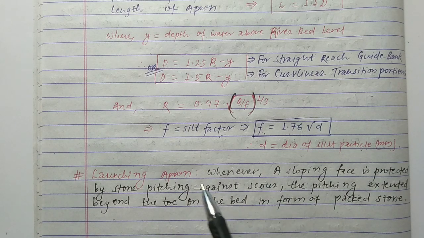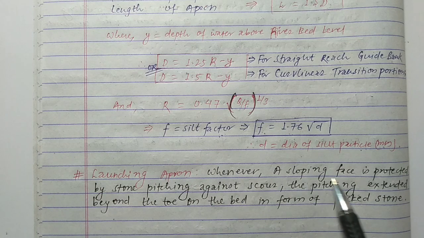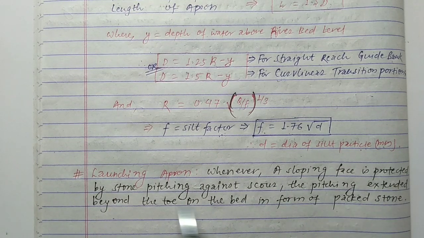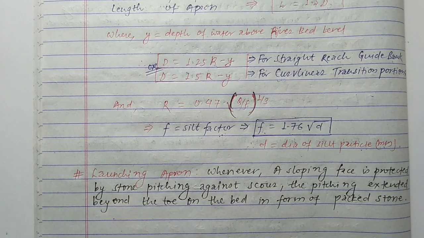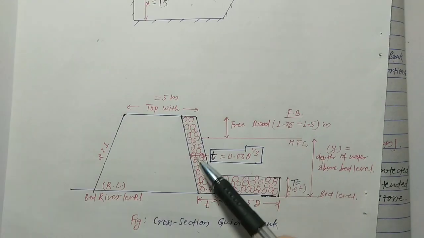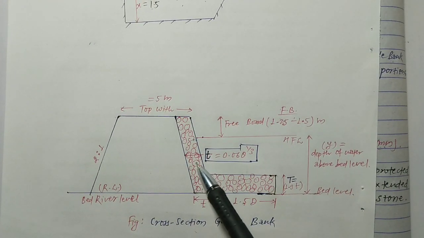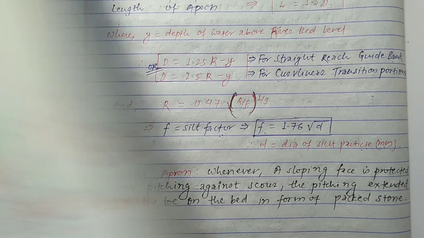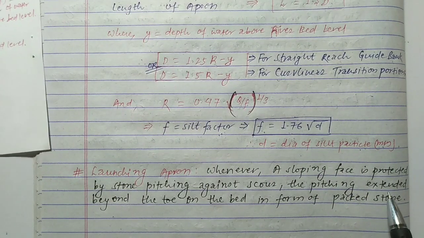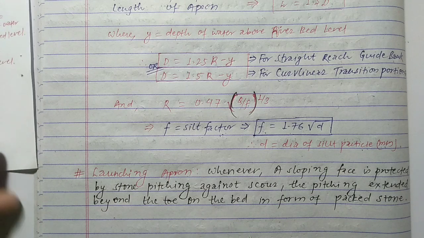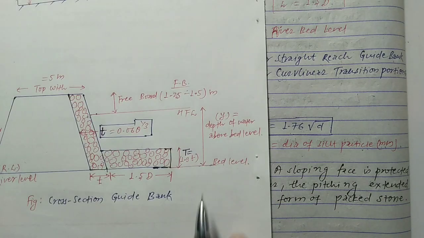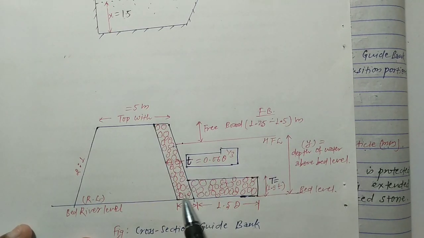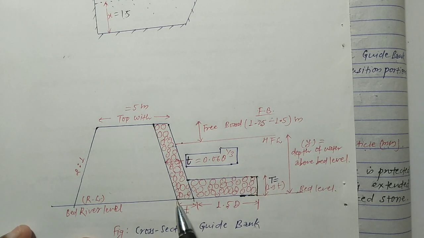So let's see the definition of this. Whenever a sloping face is protected by stone pitching, this is the stone pitching provided here for protection against scour. As I already told, this protects from scouring. The pitching extended beyond the toe on the bed, and this slope pitching is extended from here.